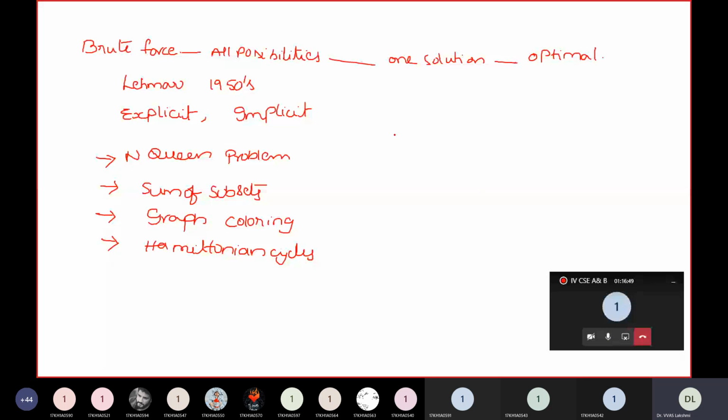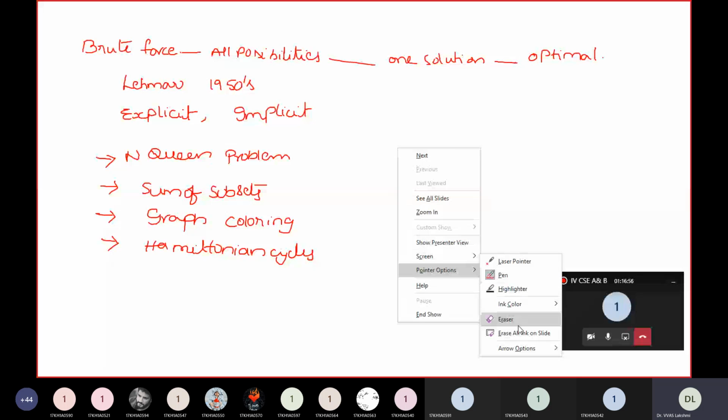Okay, so here we start with the N queen problem.